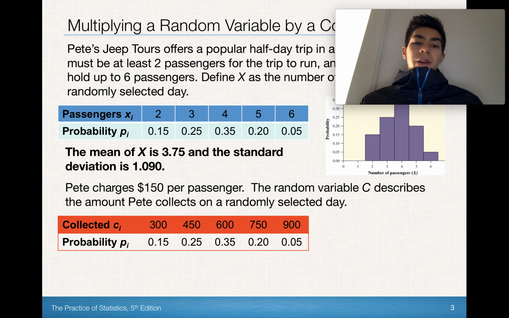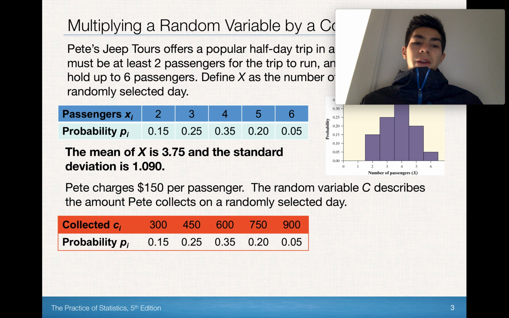So we're going to let a random variable C describe the amount of money that Pete collects on a given day. And you'll see that since Pete can take 2, 3, 4, 5, or 6 people, the corresponding columns in the reddish table for C, C1 is just 150 times X1. 2 people are going.